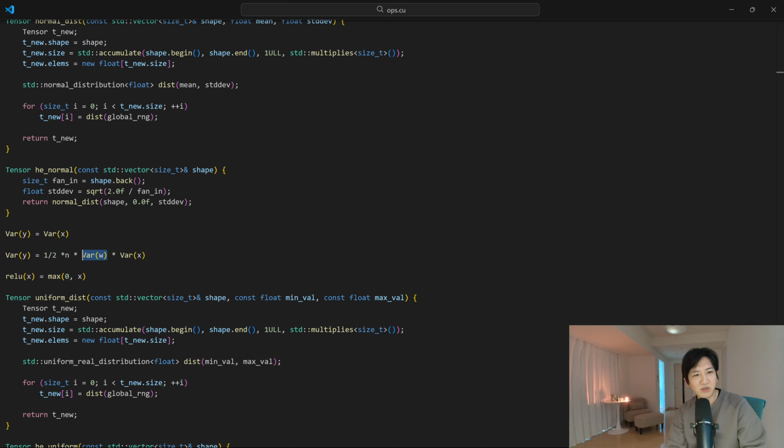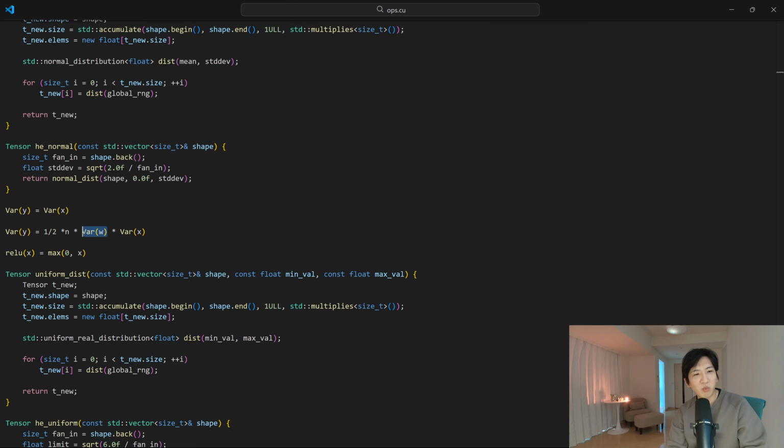And so you wonder, what variance for weights should you have to achieve this?